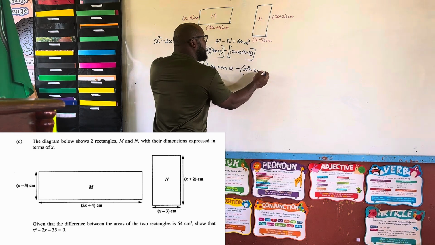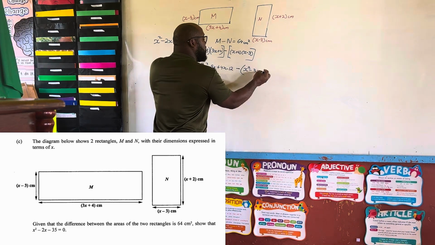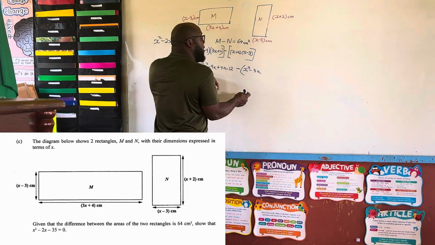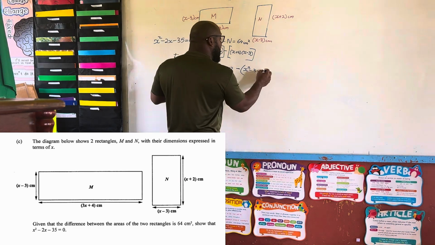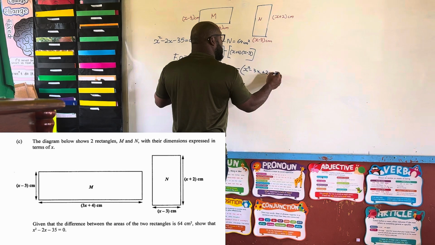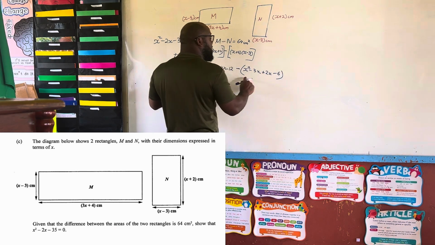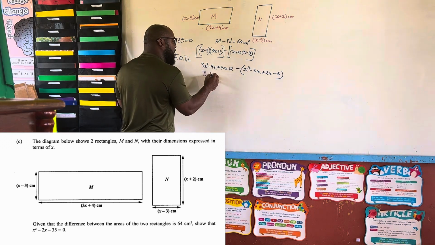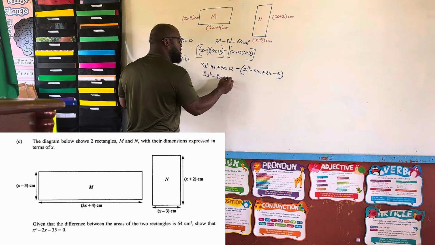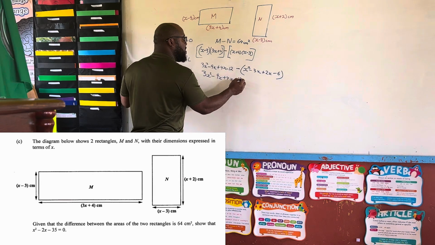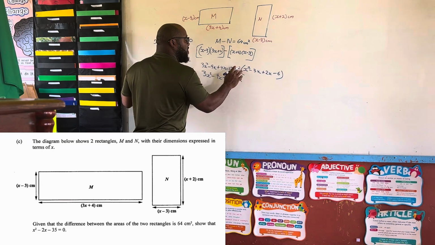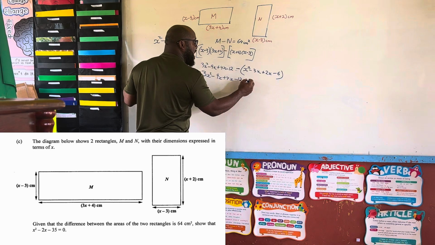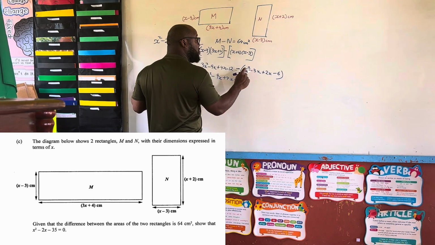Negative 3x, plus 2x, minus 6. This bracket serves a purpose. Good. So what this will be is 3x squared minus x plus 4x minus 12. Then the negative and a positive, negative 1, negative x.